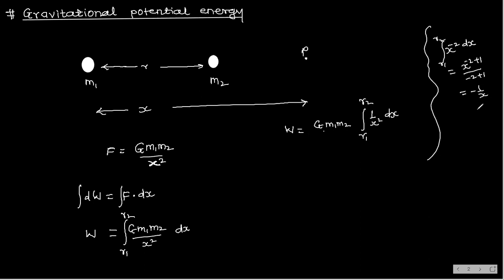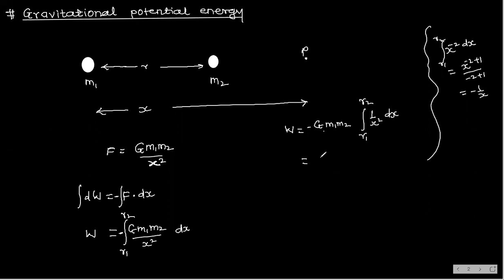What is our rule? Put the upper limit, subtract the lower limit. Substituting, we get minus 1 by r2 minus of minus 1 by r1. But always, there is an attractive force, that's why I am keeping the minus sign before. dW is equal to minus F dx, and that's why it is minus here.